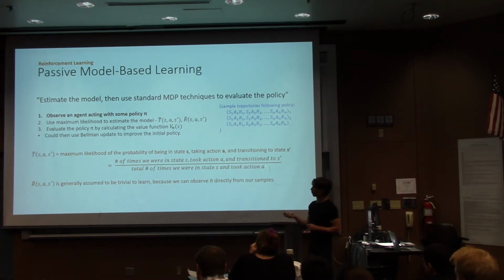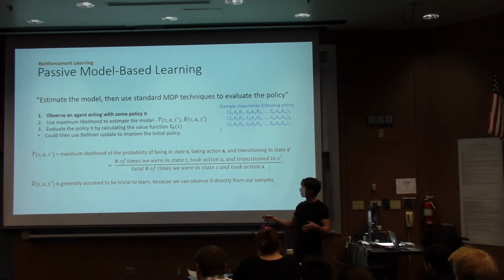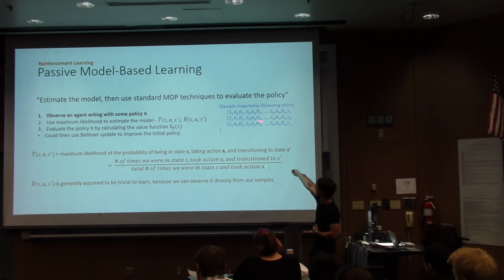It's also possible at this point, once you've evaluated the policy and gotten some v pi of s, that you could then create a new policy and improve it over the policy that was being followed by whoever was acting in the world and giving you these trajectories.